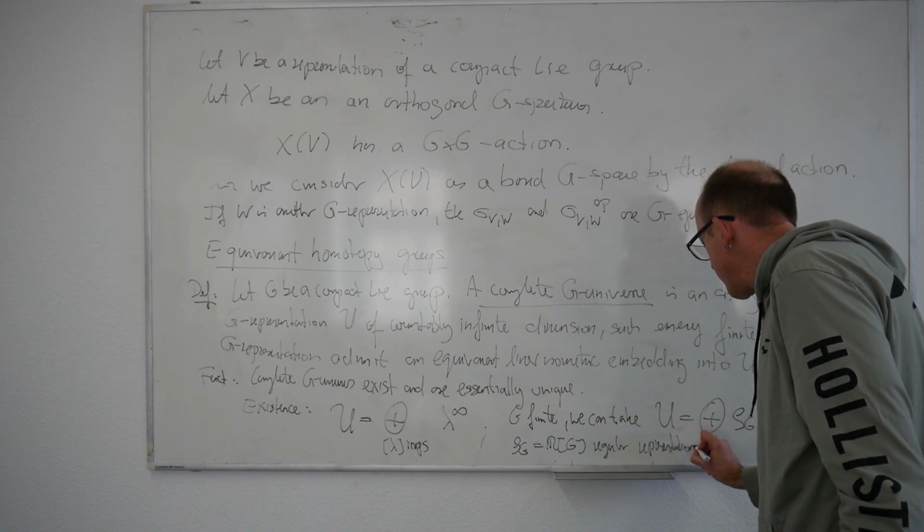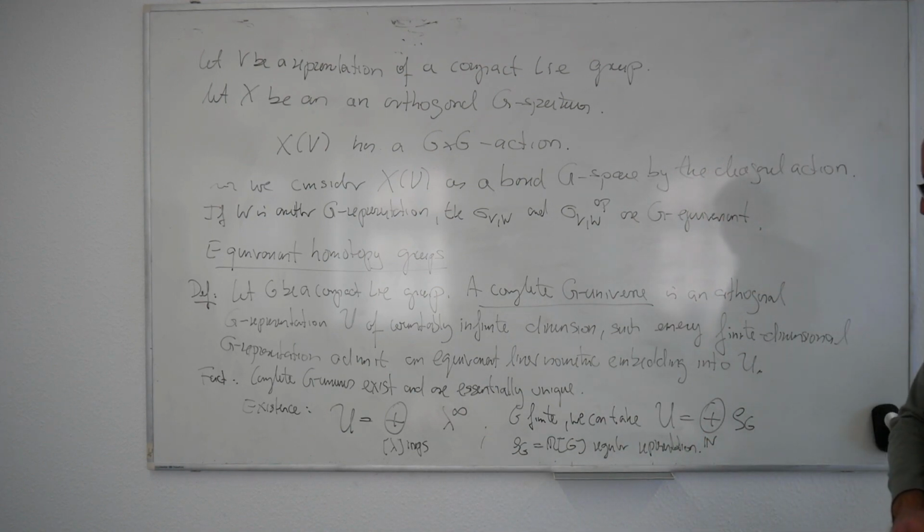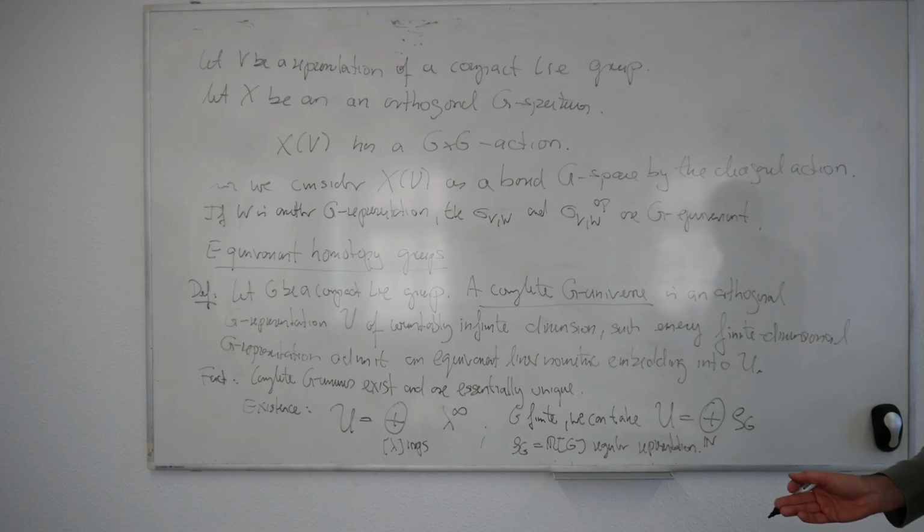So in other words, as an R vector space it has a basis given by the elements of G, G is finite, and they form an orthonormal basis, and every irreducible embeds into the regular representation, so this will in particular allow every finite dimensional representation to embed.